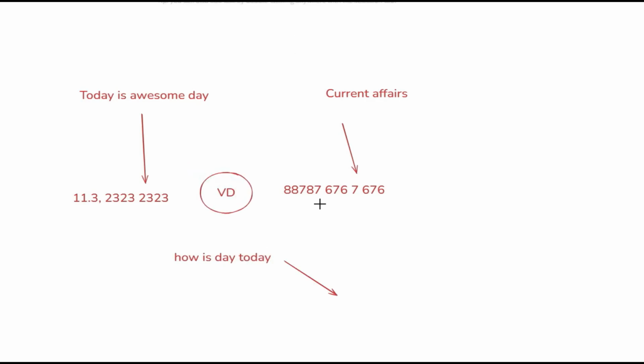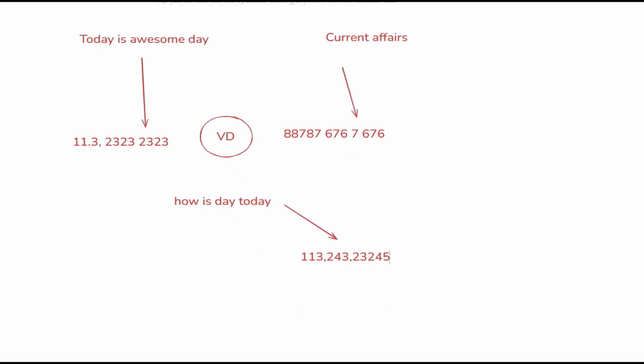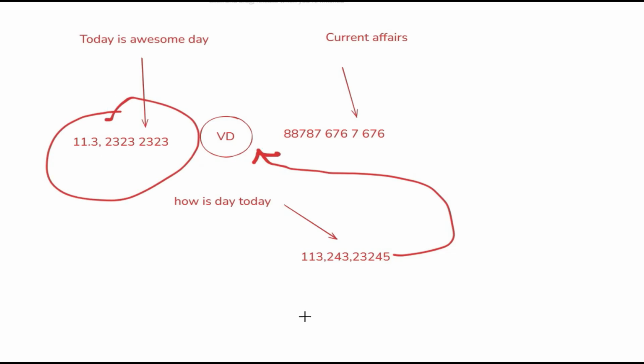Now what happens? The vector database compares this new embedding with the stored embeddings in the database. Even though the sentences are completely different, "Today is an awesome day" and "How was your day today", they are semantically similar. So their vectors will be close to each other in mathematical space. Because of that similarity, the system will retrieve "Today is an awesome day". And this is how semantic search works.